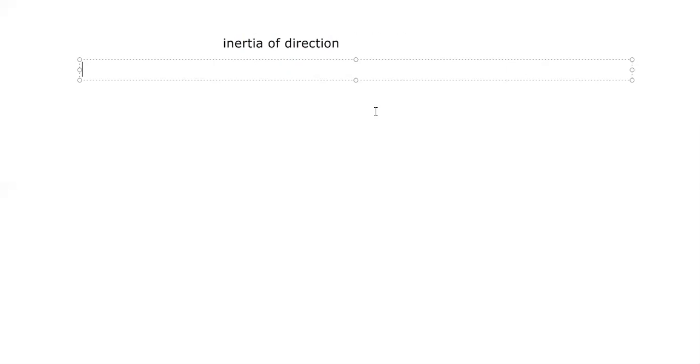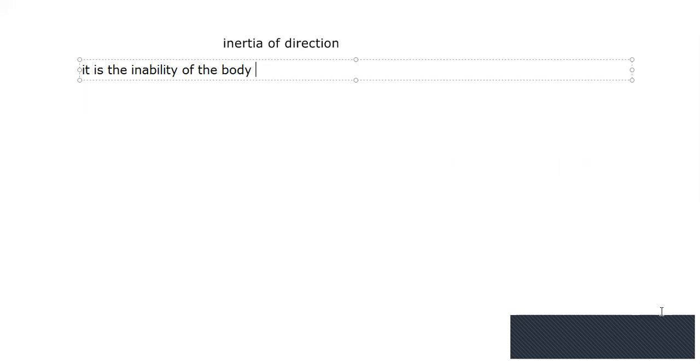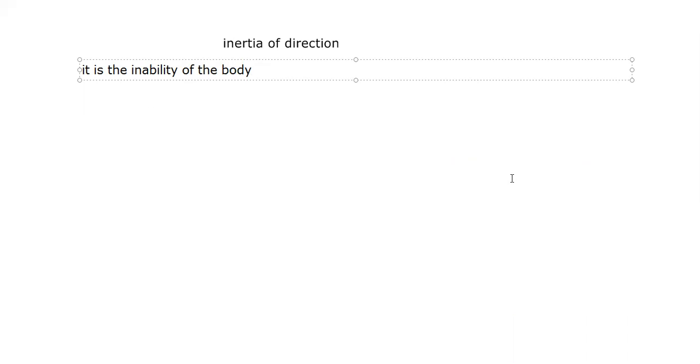So inertia of direction is the inability of the body by virtue of which it tries to resist a change in its direction of motion.